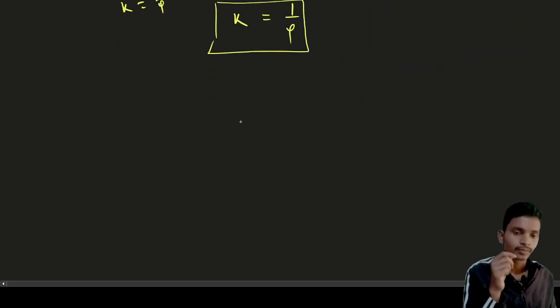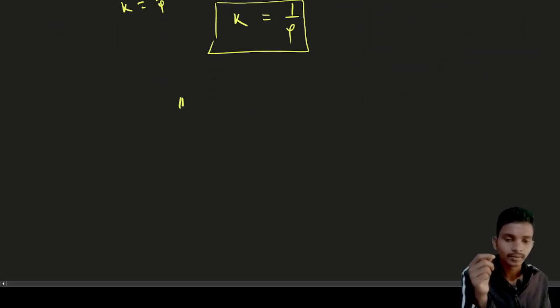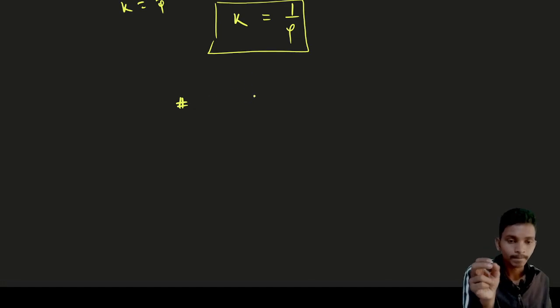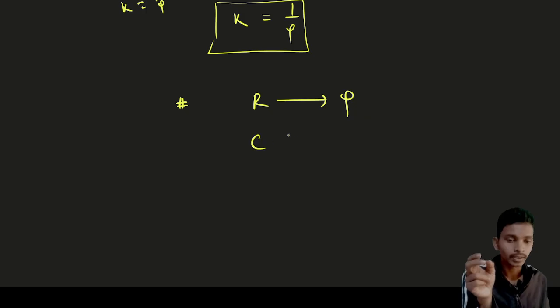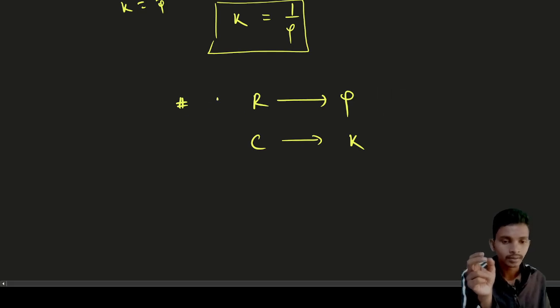Please listen carefully: to fix resistance, specific resistance came. Similarly, to fix conductance, conductivity came. And for these, this is 1 and this is 2.